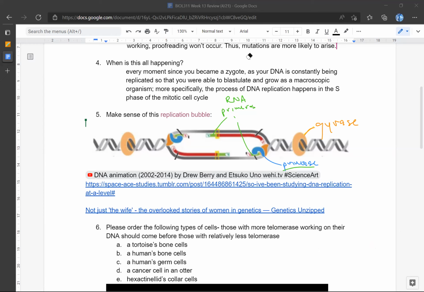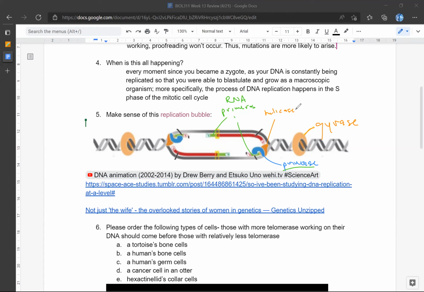So what's up next? The orange is ligase. I would not say so, but that is a good guess. Just to be thorough, ligase is not pictured here. Yes, helicase, exactly. So we have some helicase.